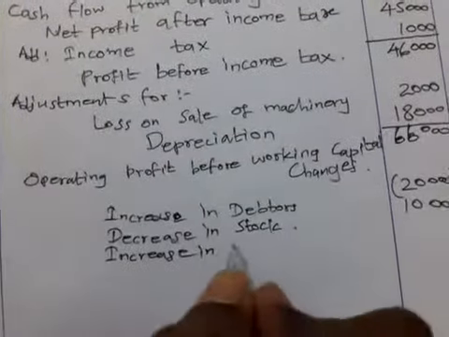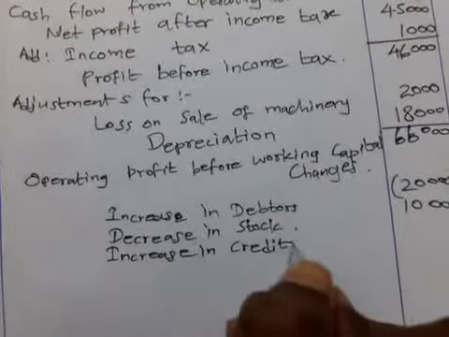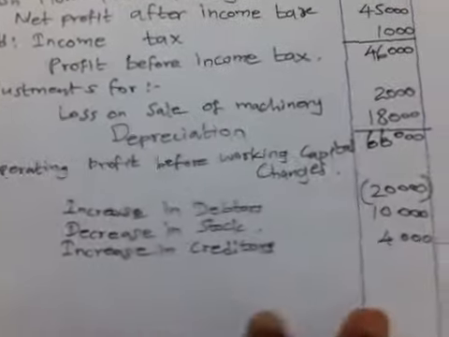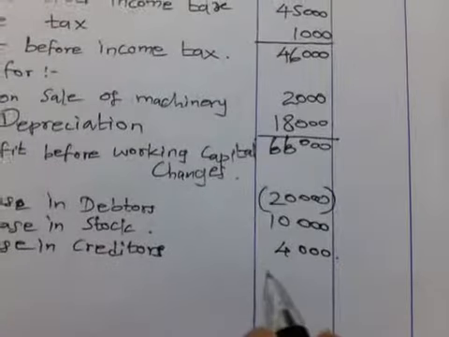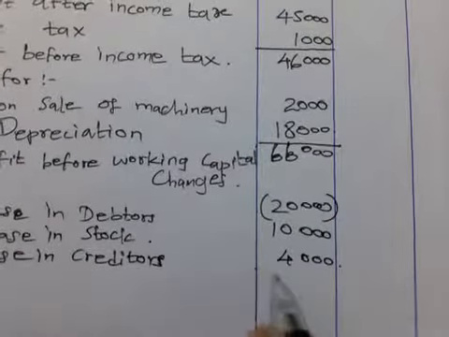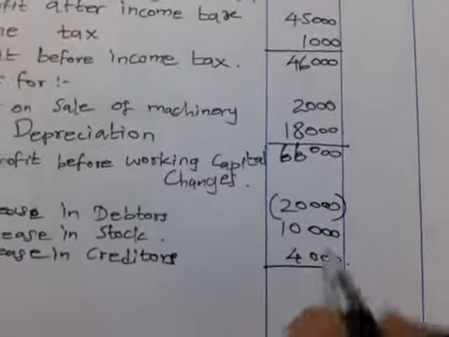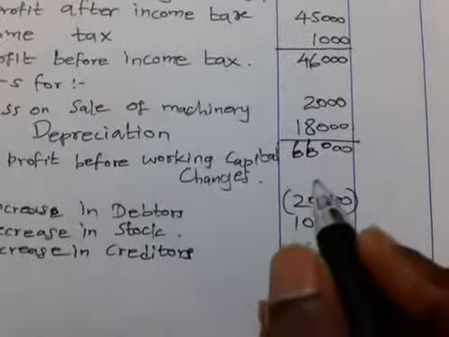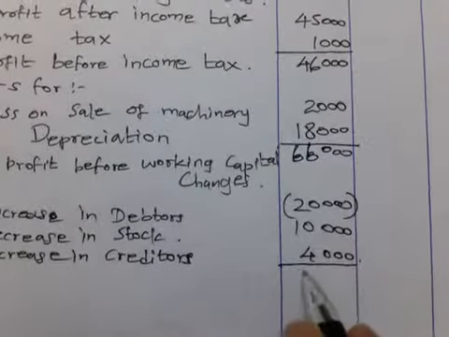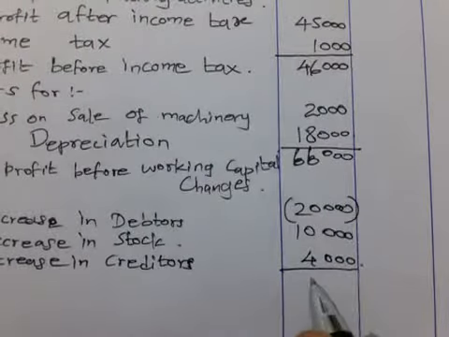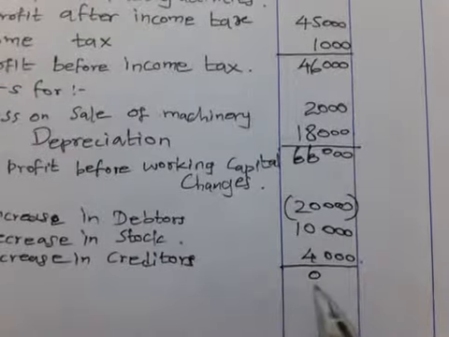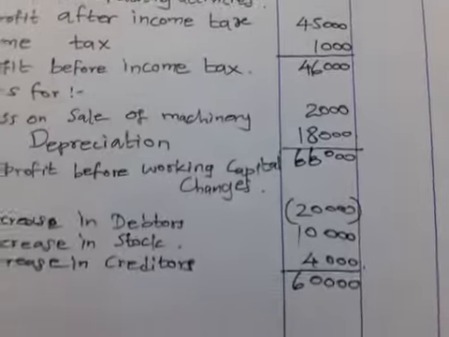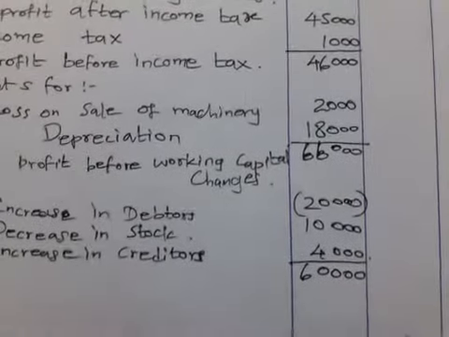Increase in creditors, 4,000. After that we have to add this amount. $60,000.